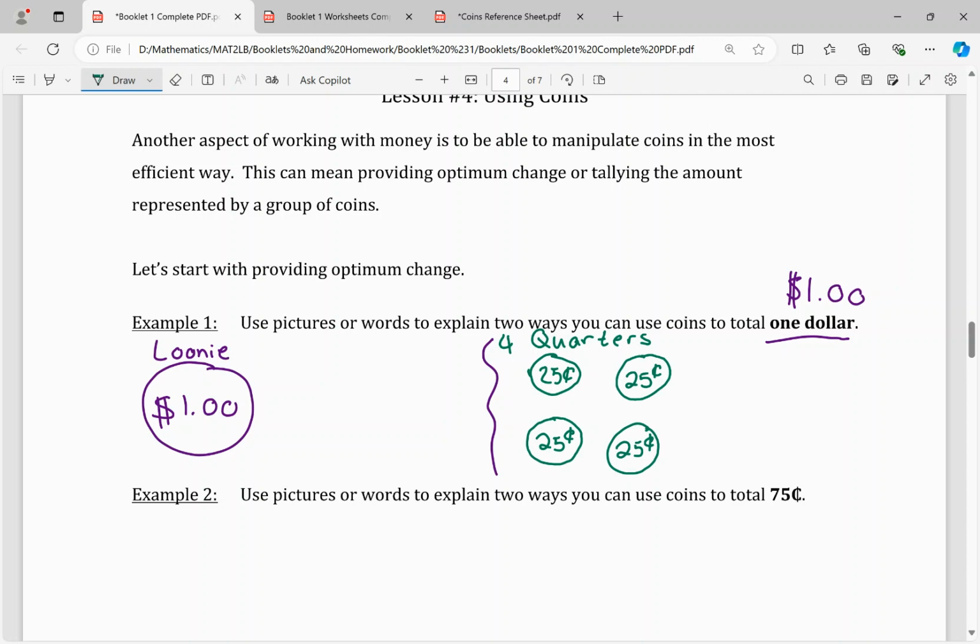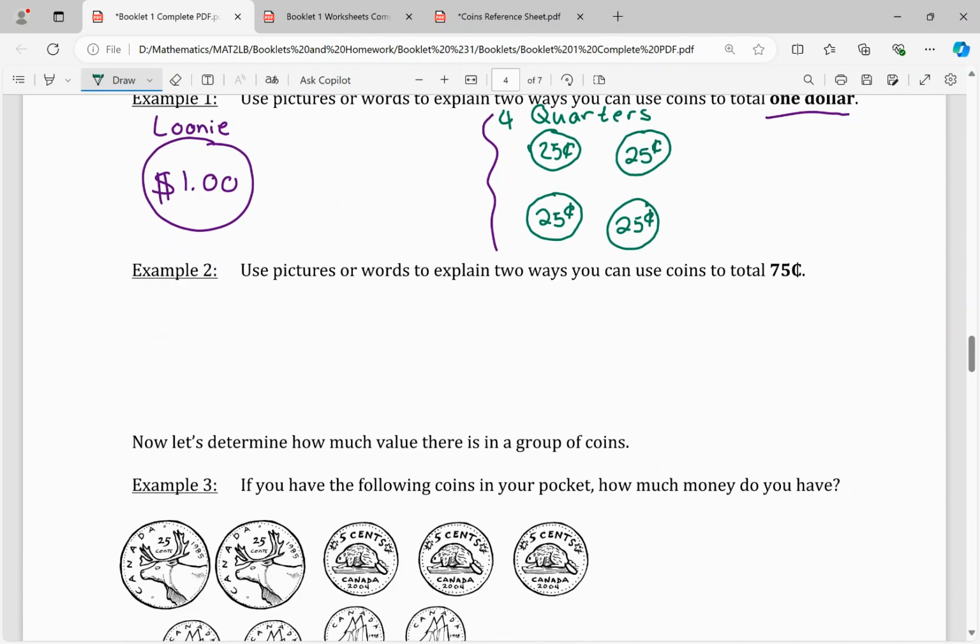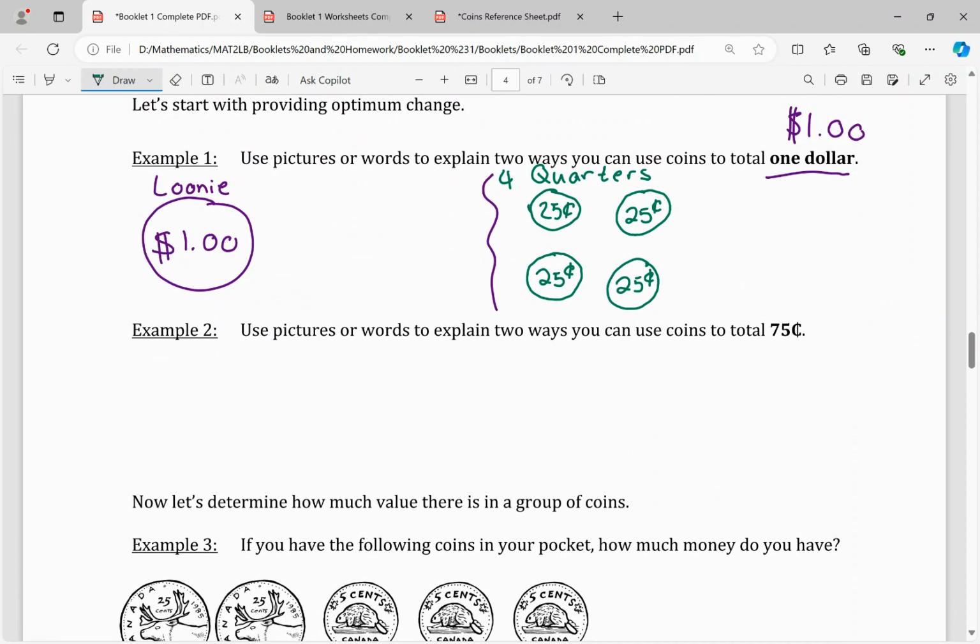Now, question 2 is very similar. It asks us to use pictures or words to explain 2 different ways we can use coins to total 75 cents. Now, the most convenient way to do this would be to use quarters. We can no longer use a loonie because $1 would be too much.